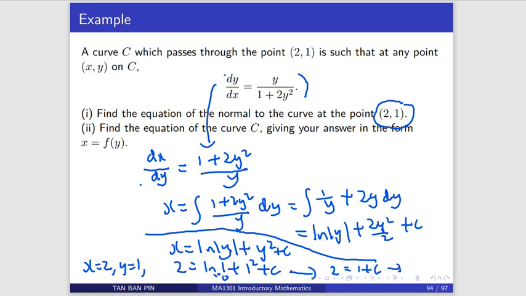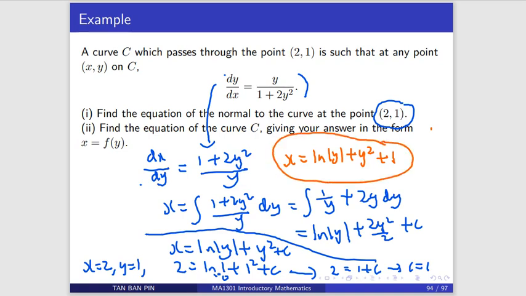So with that, you get c is 1. So the final answer should be x equal to ln|y| plus y squared plus 1. So this will be the final answer.